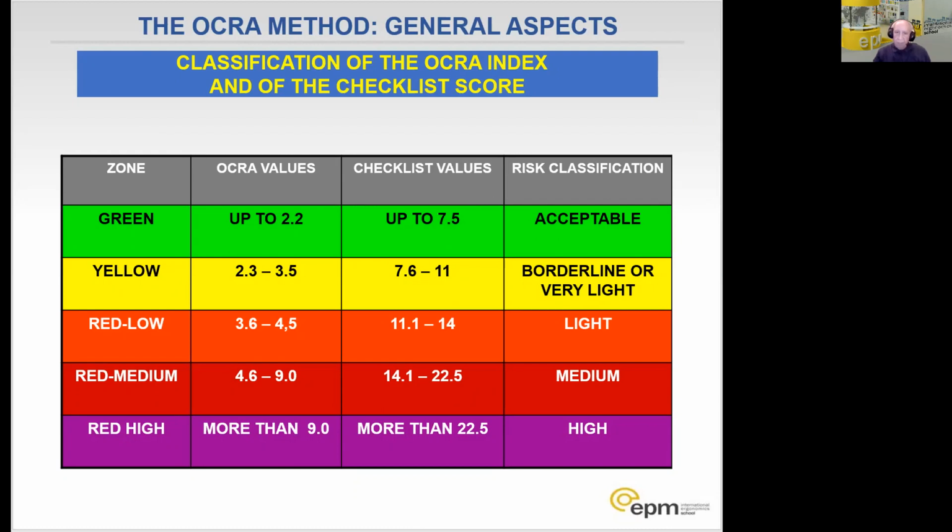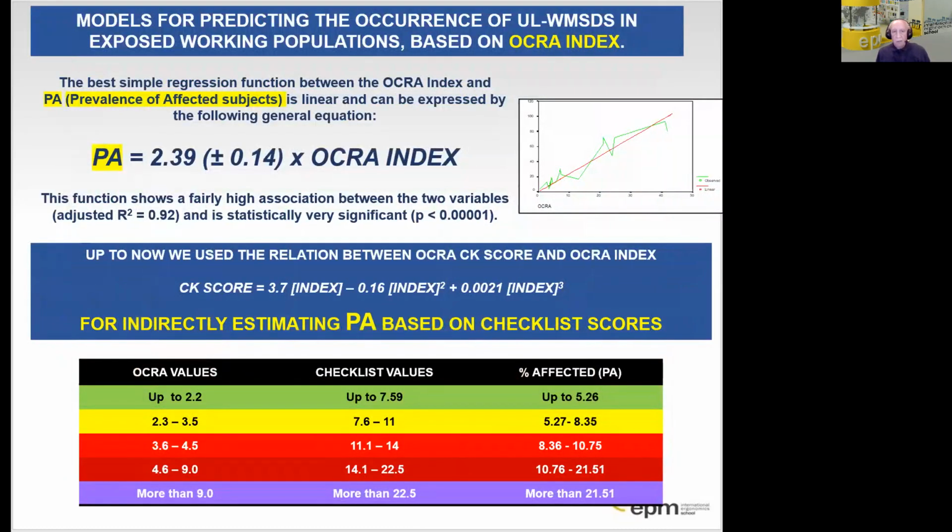And up to now, by the OCRA index, we could forecast the expected prevalence of subjects affected by one or more clinically diagnosed upper limb musculoskeletal disorders, which we call PA, by a general equation that was set up in 2004.